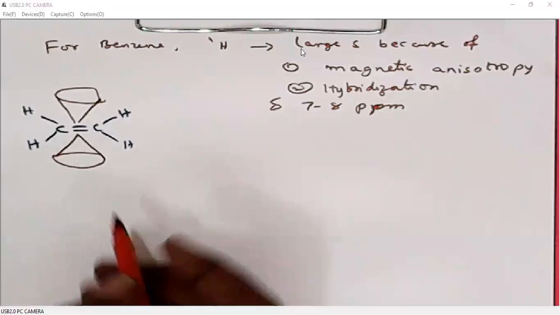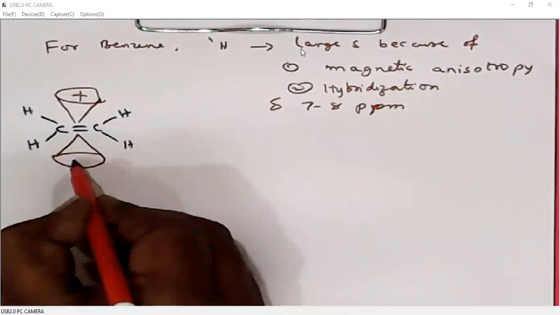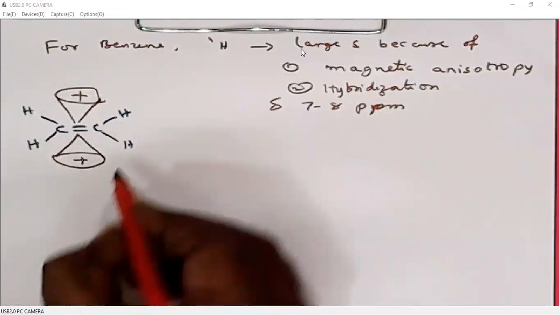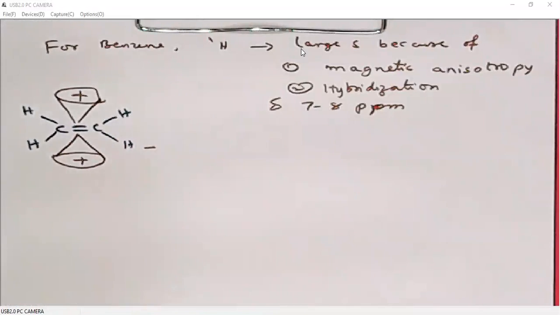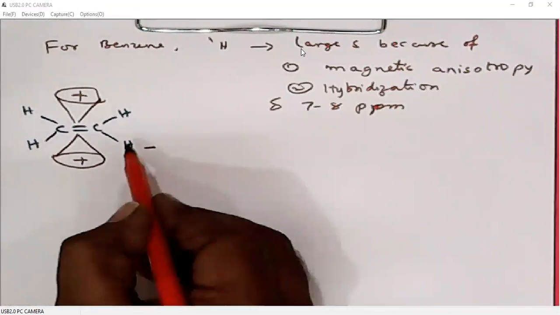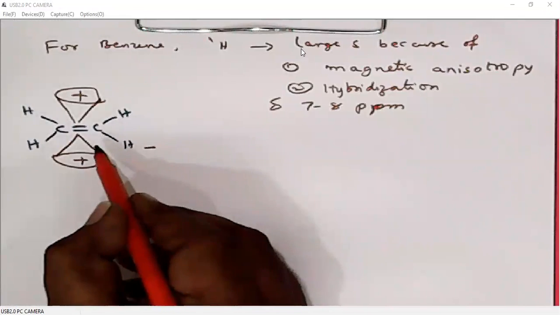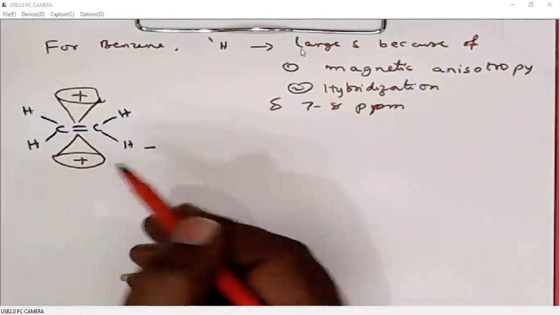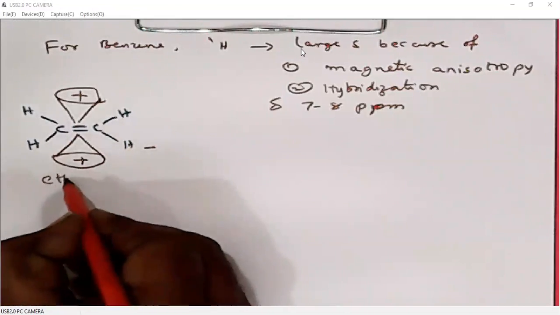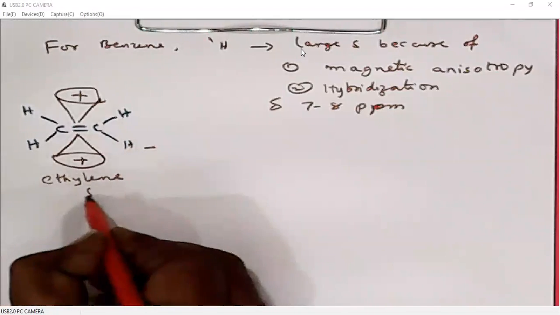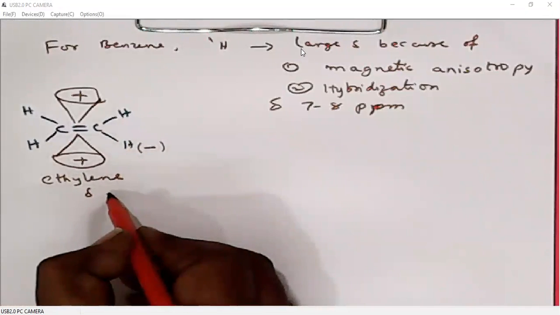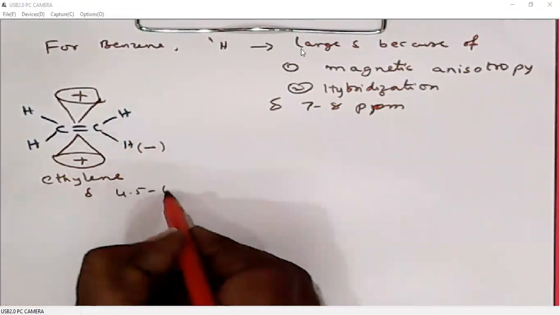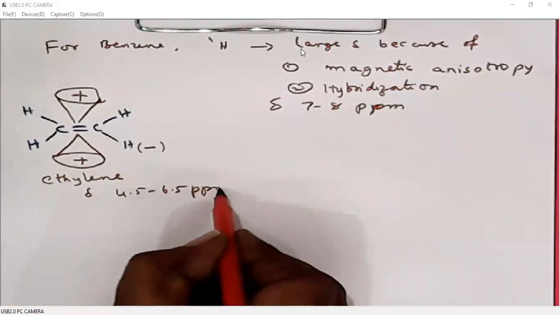That means it has a shielding region above and below the plane, but the protons are not in the shielded region, they are in the de-shielded region. So we will observe these protons on the double bond also at large delta values. For ethylene, the delta value for protons is generally between 4.5 and 6.5 ppm.